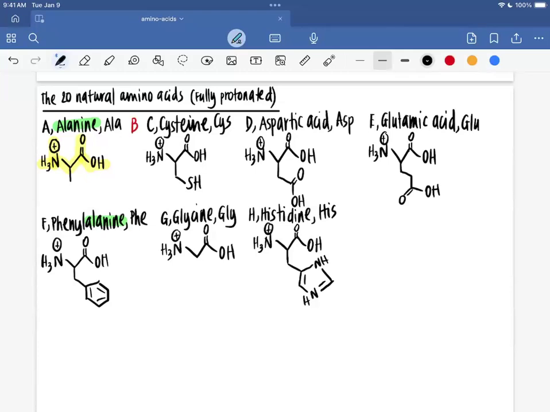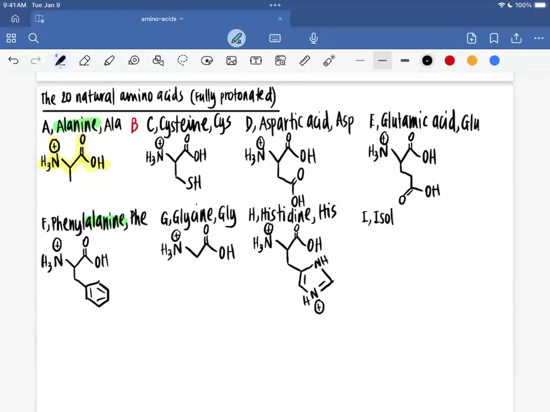Now, we'll notice that this nitrogen has 1, 2, 3 bonds, one to the hydrogen and two more to carbon atoms. But this nitrogen has 4 covalent bonds. So in a fully protonated state, it would be positive in charge. One way that you might remember how to draw the structure of histidine is that we have carbon, nitrogen, carbon, nitrogen, carbon. So that might be a pattern that's useful as you repeat your drawings.